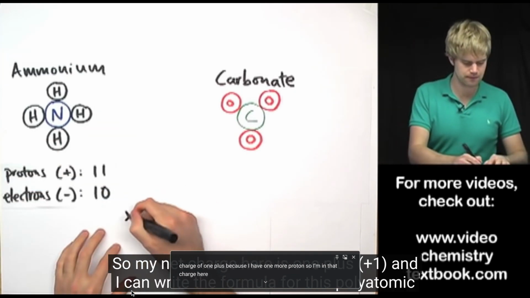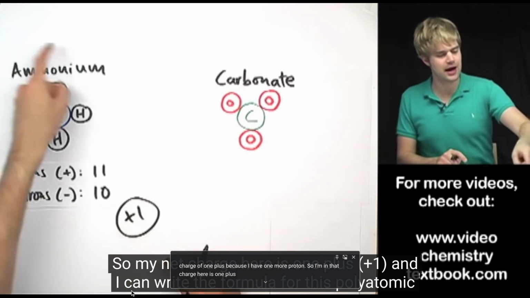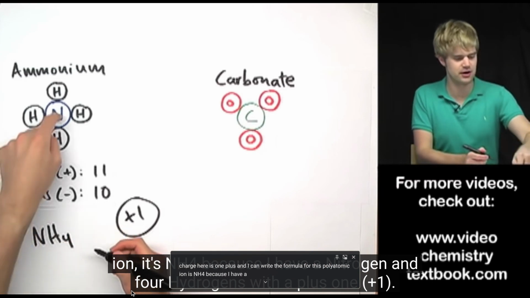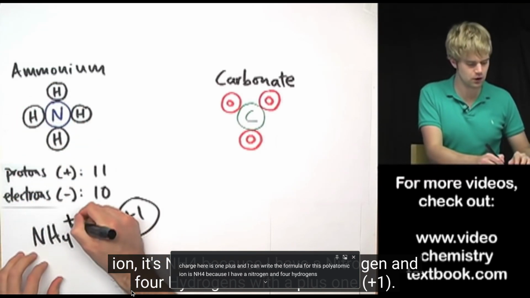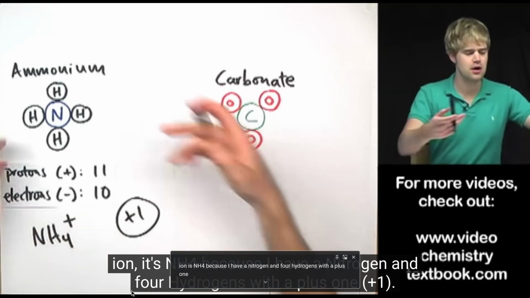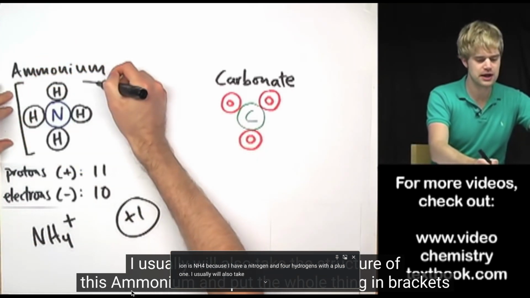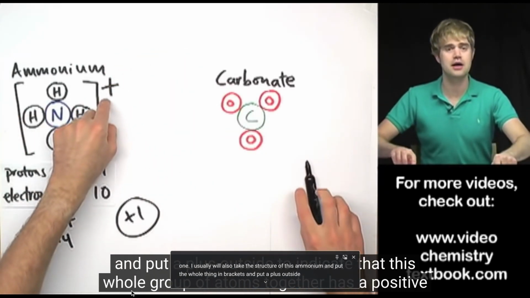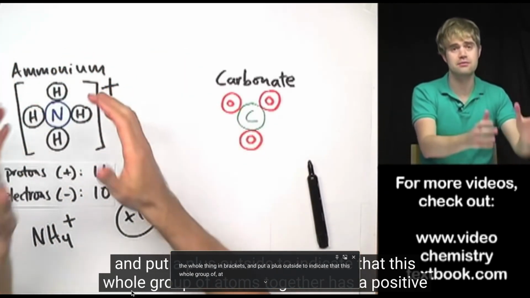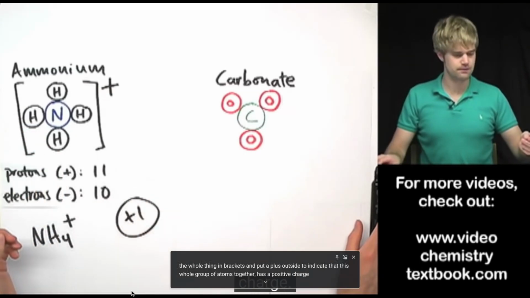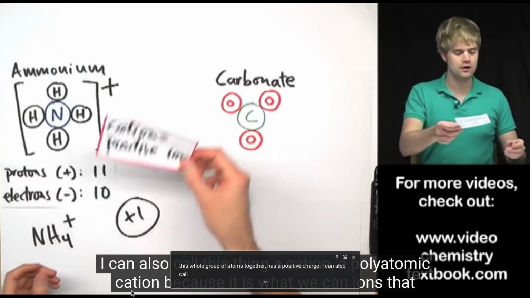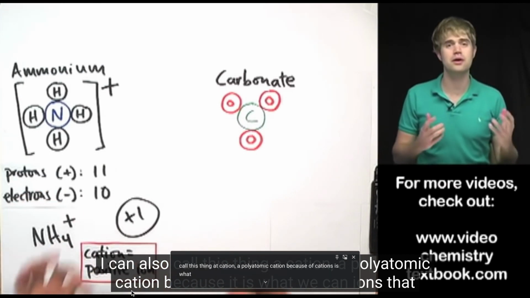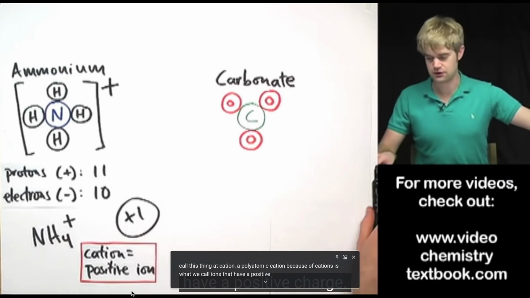So my net charge here is 1+, and I can write the formula for this polyatomic ion as NH4, because I have a nitrogen and 4 hydrogens with a +1. I usually will also take the structure of this ammonium and put the whole thing in brackets and put a plus outside. Now, we normally do not do this in chemistry in our class. Has a positive charge. I can also call this thing a cation, a polyatomic cation, because a cation is what we call ions that have a positive charge.